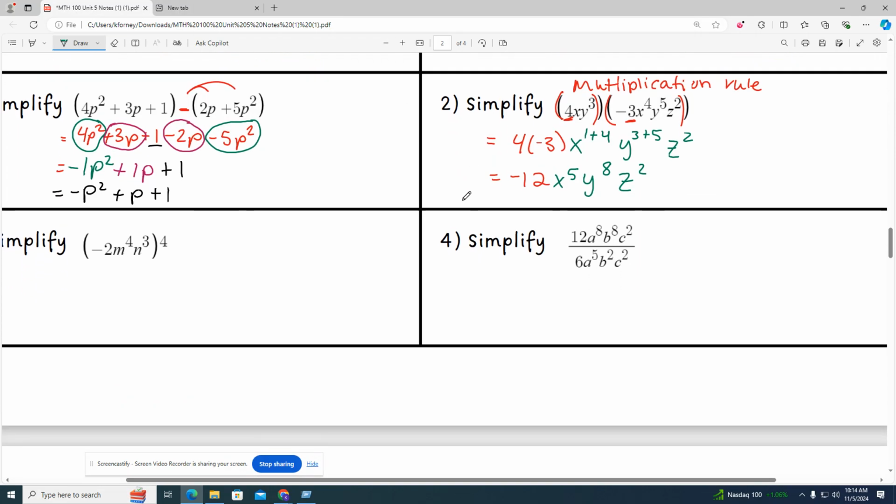Now, this next one, what rule are we going to be applying? This is a power rule because you have a monomial raised to an exponent. Okay? Negative 2 is going to be raised to the 4th.